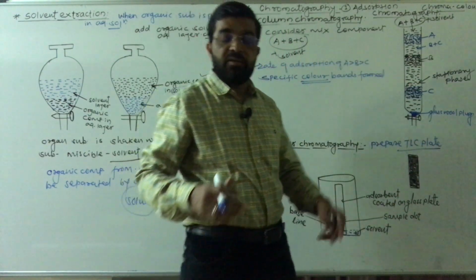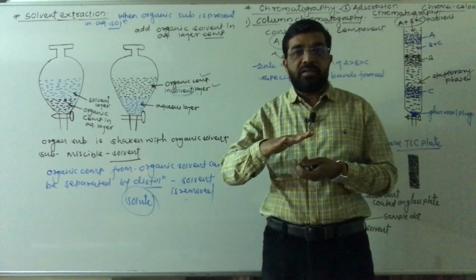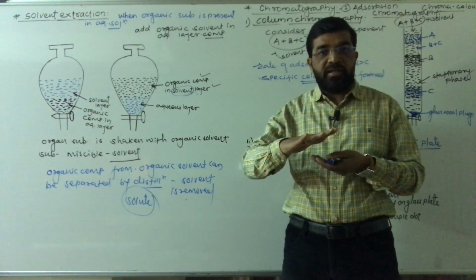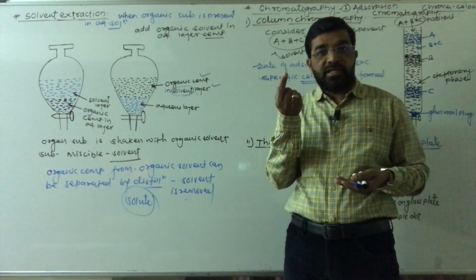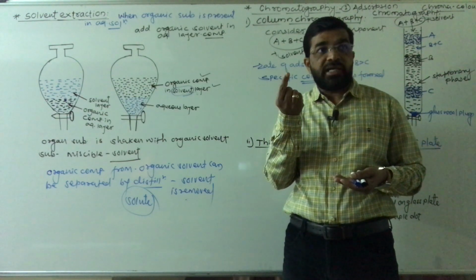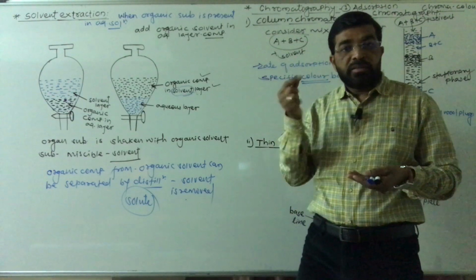What do we have to do? We have to take a plate. On that plate adsorbent is spread. When adsorbent is spread on that plate, then we have to take a mixture of the components.